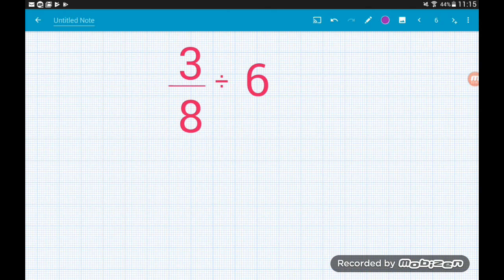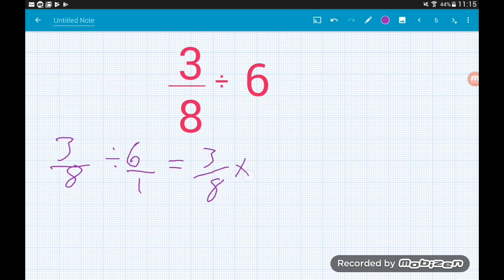Okay, and then we got 3/8 divided by 6. So our last question here. So we got 3 over 8 divided by 6 over 1, which is the same as 3/8 times 1 over 6.